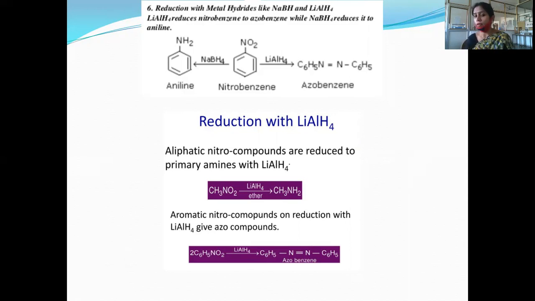So this is a point of difference. With aromatic compounds, the product is a different one. With aliphatic compounds, LiAlH4 reduces the NO2 group to the NH2 group. But when a benzene ring is present, it reduces the NO2 group not directly to NH2, but to azobenzene.